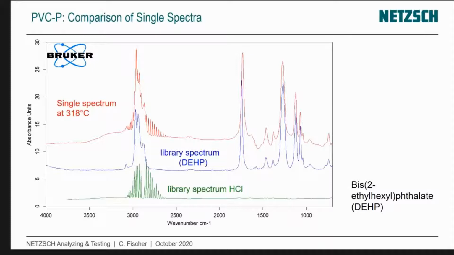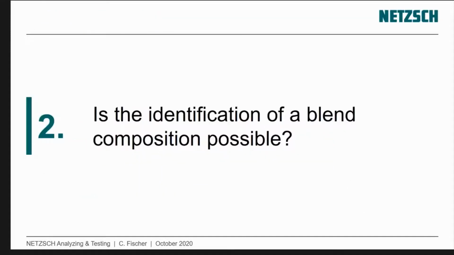Thus, it can be concluded that during the first mass loss step, the plasticizer DEHP was released from PVC, and PVC was already decomposed. Please let me mention that a non-plasticized PVC would only release HCl during this first mass loss step. So this leads me directly to question number 2.